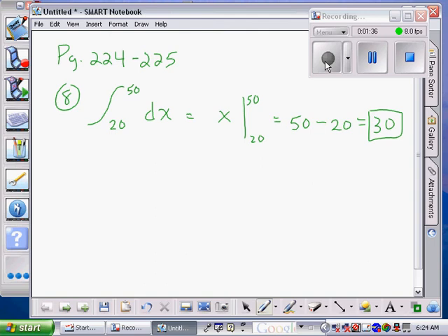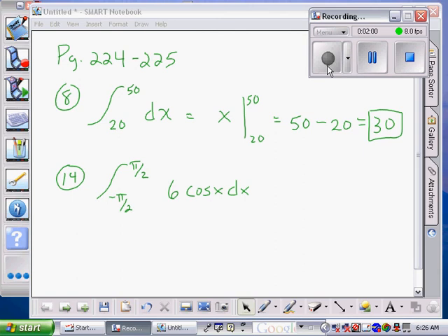Okay, let's look at the next one that would have been assigned, which was 14. And we're doing from negative pi over 2 to pi over 2 of 6 cosine of x dx. See if you can remember how to take the antiderivative of 6 cosine of x.